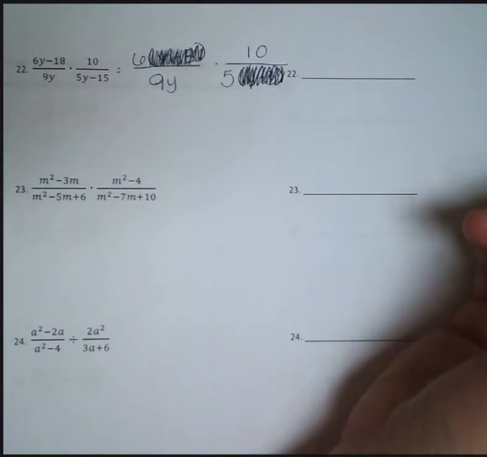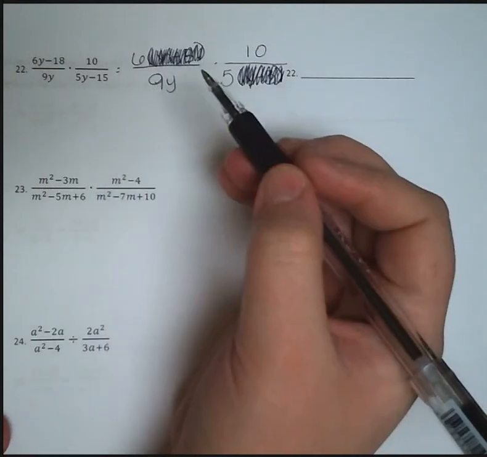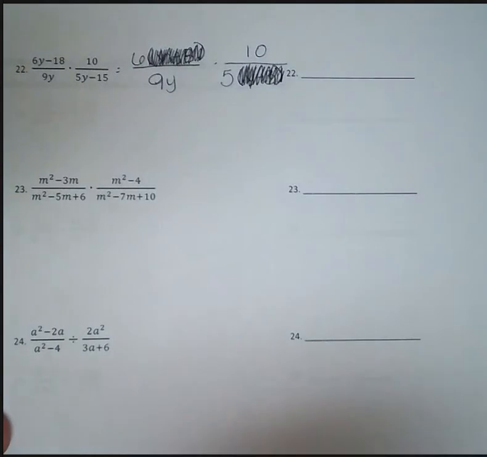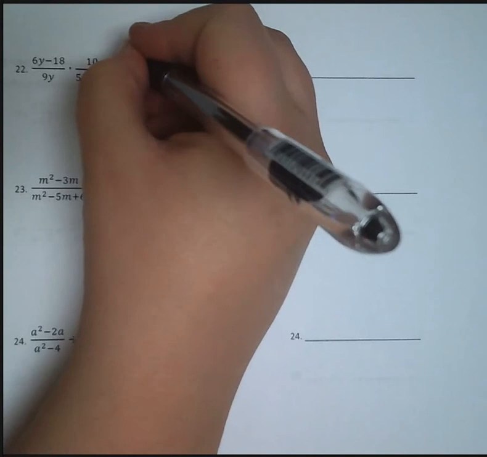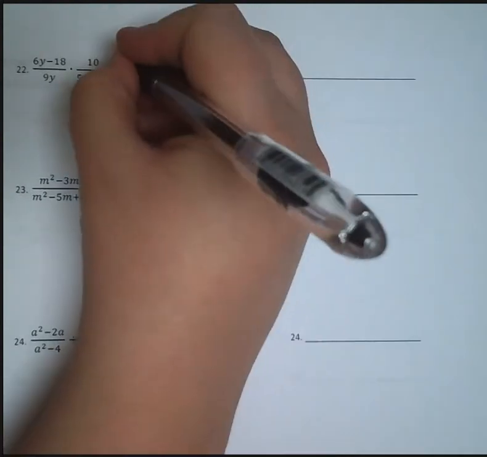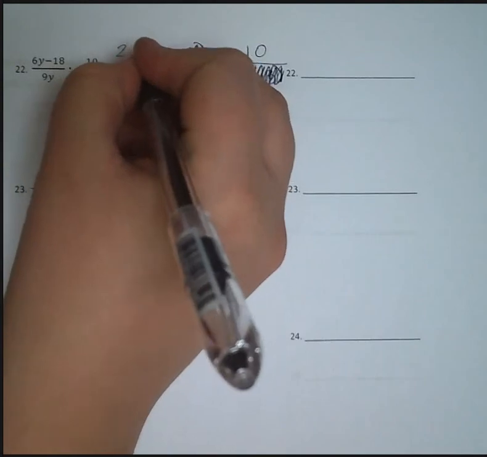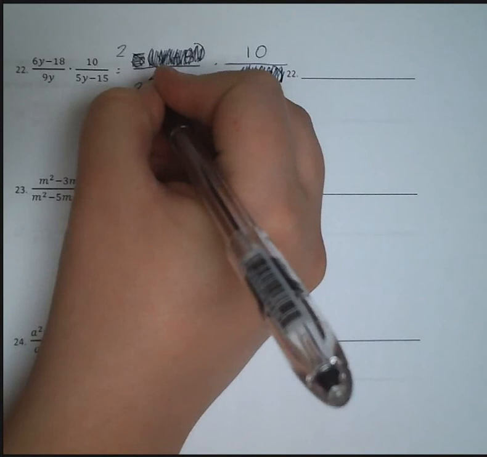Then we see that both the 6 and the 9 and the 5 and the 10 are going to simplify. So what I'm going to do is simplify my 6 and 9 to be a 2 and 3. So I'm going to black those out as well, just so we can see what we have left, because it gets real easy to forget something.